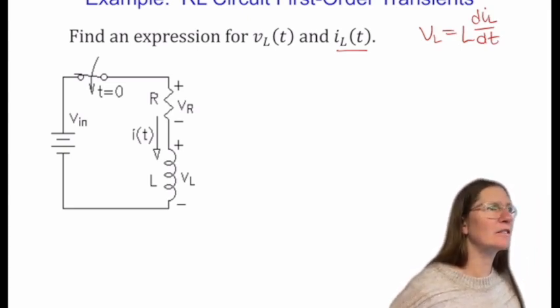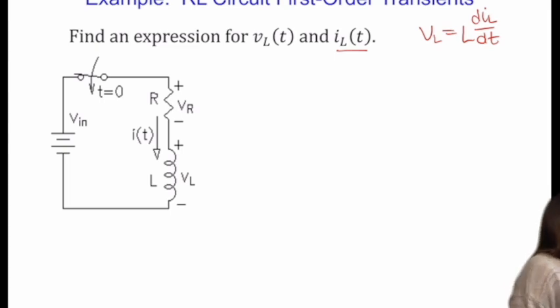So getting IL of t first in this case would be easier. So go ahead and you guys can work together, work alone. And Luca and I will come around.